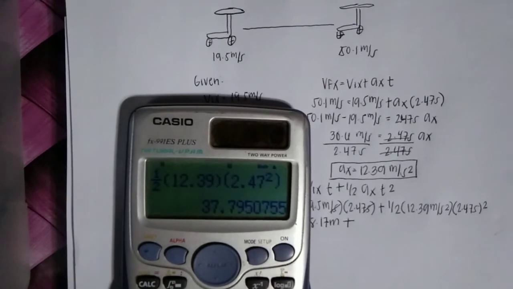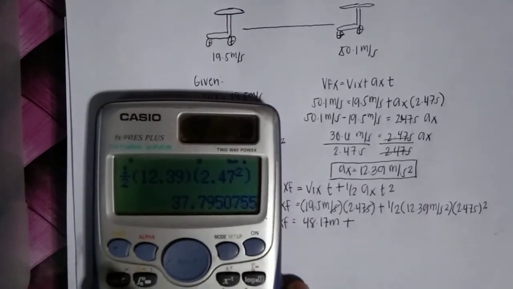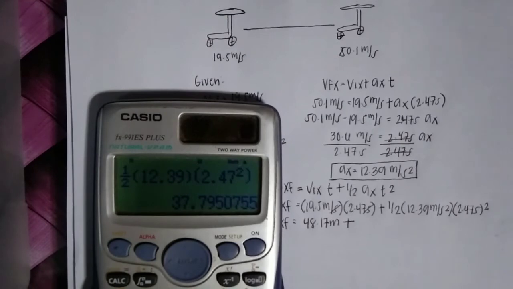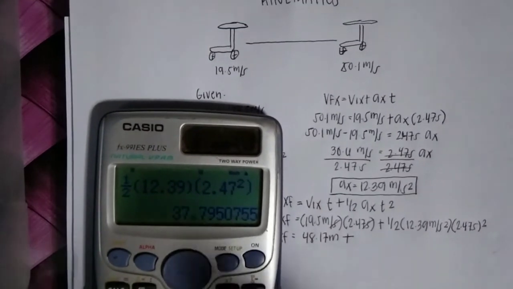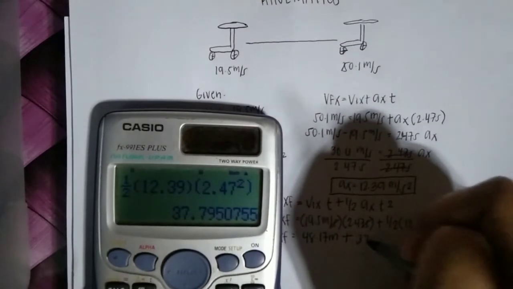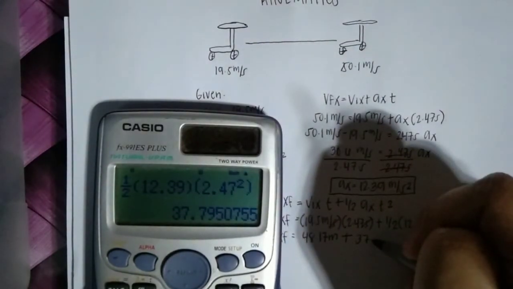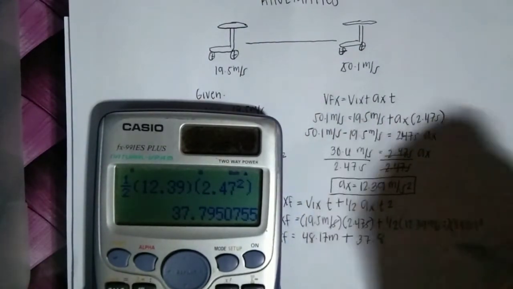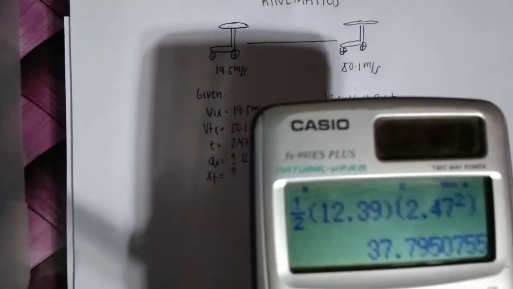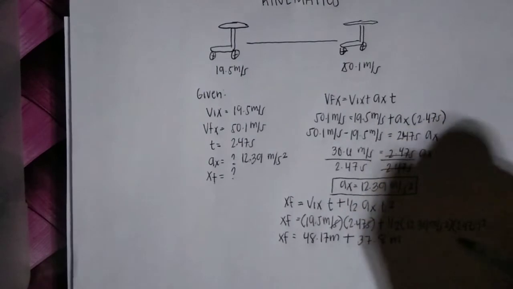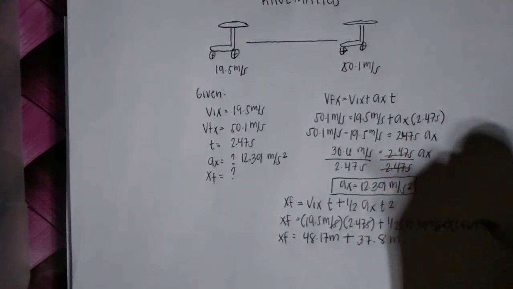So magiging value niya is equal to 37.8 meters. So meters siya dahil maka-cancel out din yung second squared.